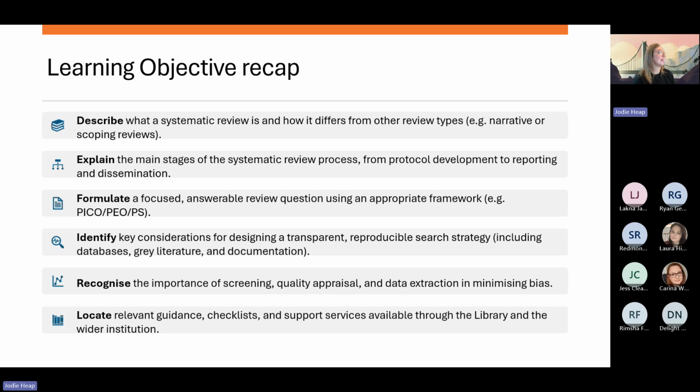We've formulated and looked at frameworks. We've identified key considerations for being transparent and reproducible. We've recognised the importance of screening, quality appraisal and data extraction. And we have looked at how to locate relevant guidance, checklists and support services through the library and other locations.